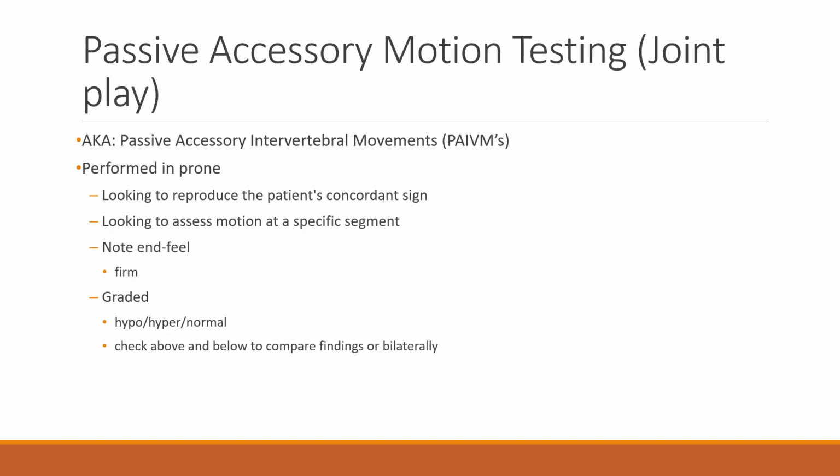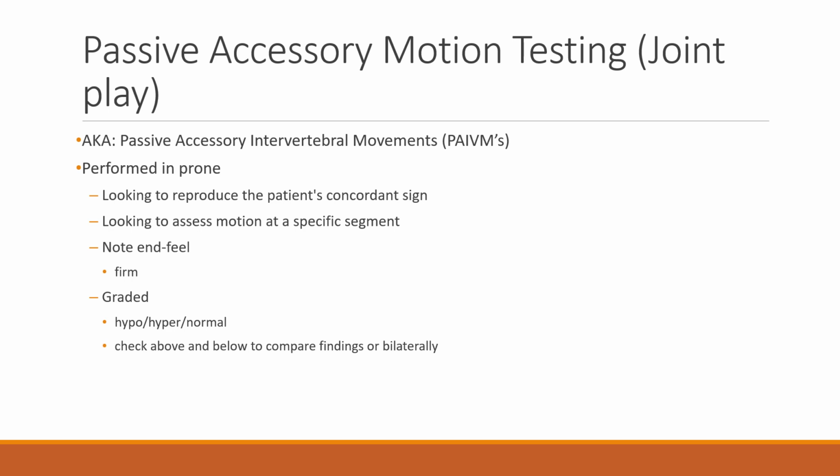Depending upon whether we're checking centrally over the spinous process or more unilaterally over the transverse process, we're going to compare to the joints above and below. If we're doing a unilateral assessment over the transverse process, we can look at bilateral comparison. And we can also assess end feel.